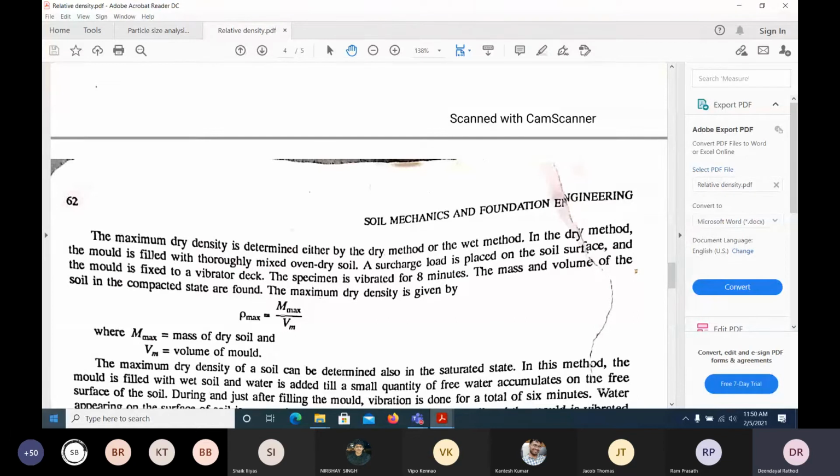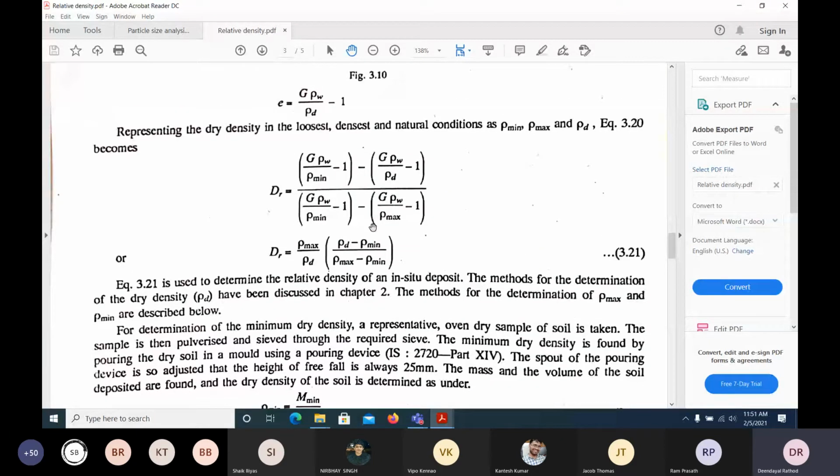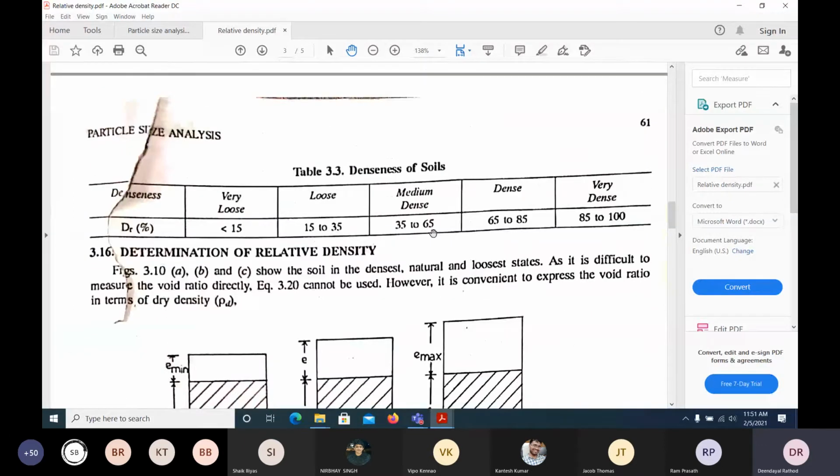So instead of finding the maximum void ratio and minimum void ratio, because it is very difficult to find out, we are able to find out the maximum density and the minimum density, because we have converted that particular formula into density format. We have written this particular formula in density format instead of void ratio format. Okay, either you should remember this one and convert it, or remember that one.